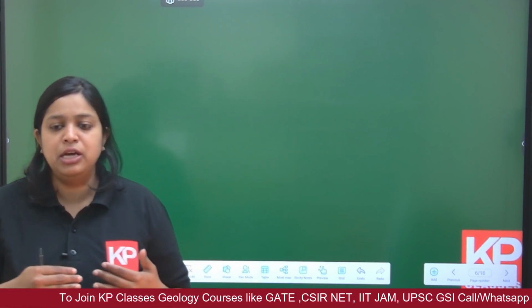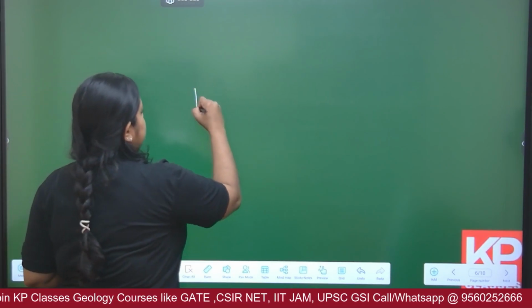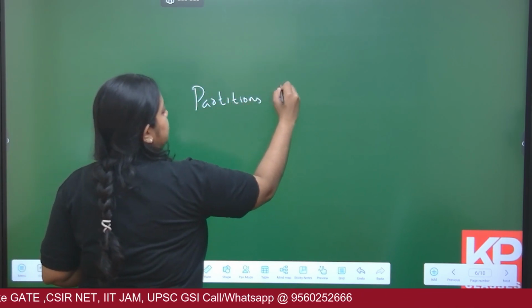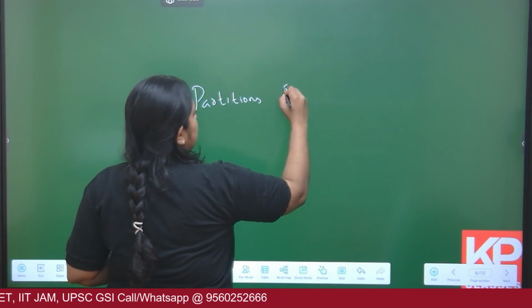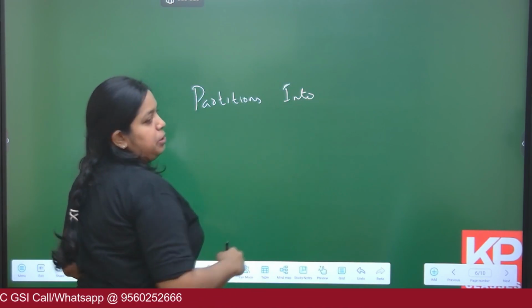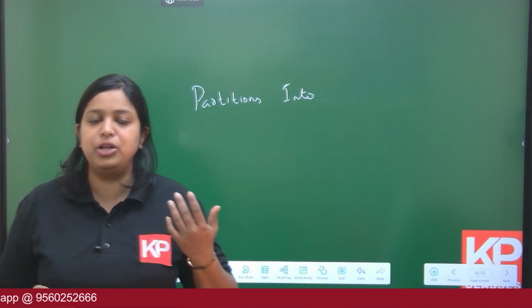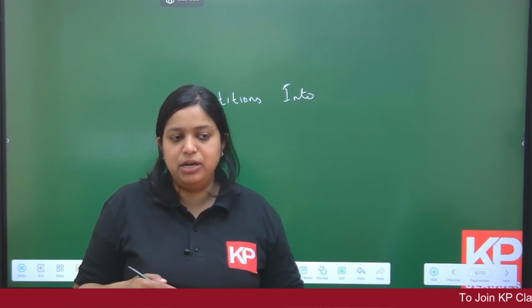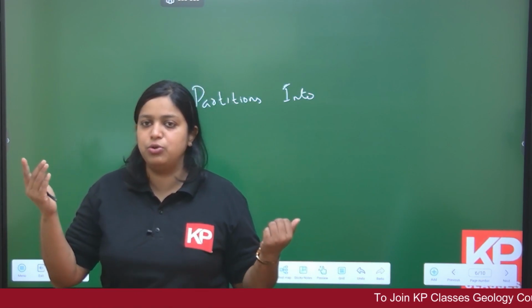Now, when it comes to each trace element, there is its efficiency to get partitioned into a particular phase, whether it will go to the magma stage, the liquid stage, or whether it will go to the solid stage.